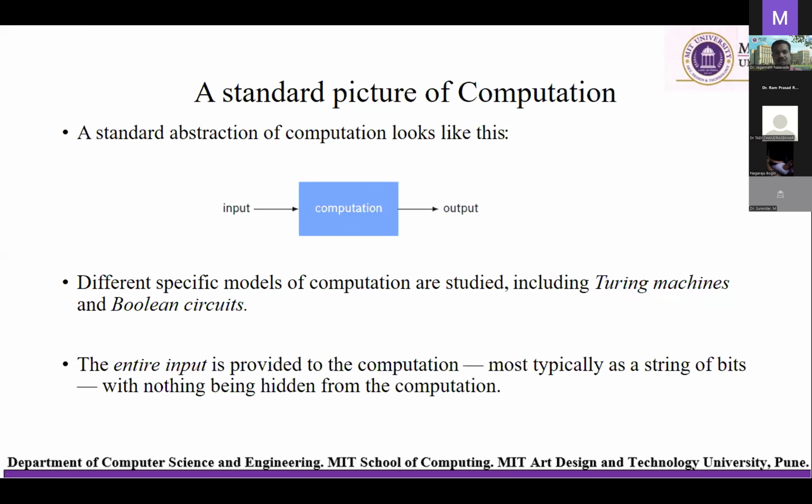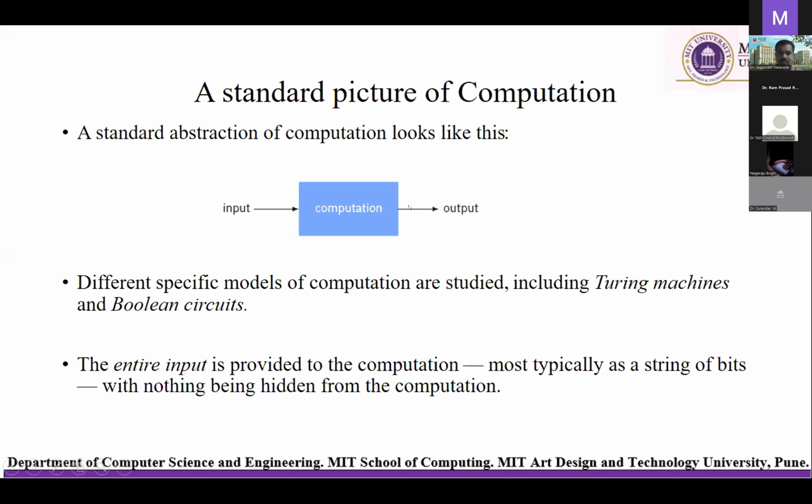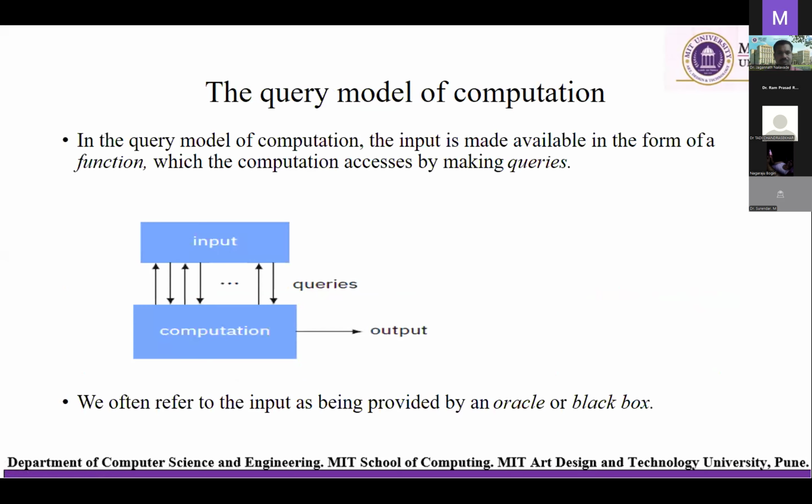Similarly, if we consider from gate to the half adder, full adder, we pass the inputs and we get the output. This type of computation is handled in this particular computation box given here. This is the simple picture of computation.